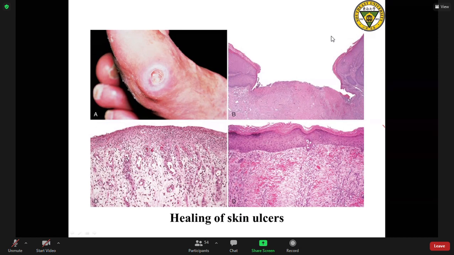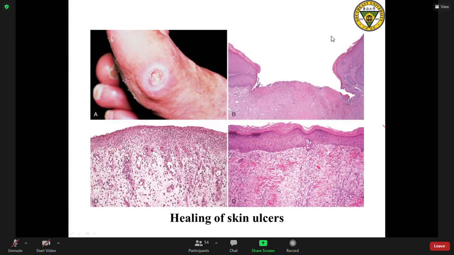The first is granulation tissue. In the base of this area, we can see the granulation tissue. It has newborn capillaries and fibroblasts, and maybe edema in the ECM, extracellular matrix, and some inflammatory cells in the granulation tissue.